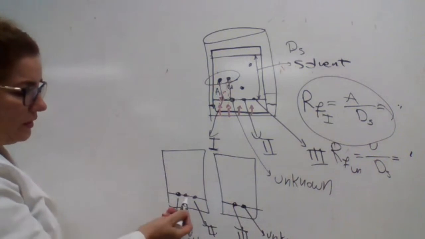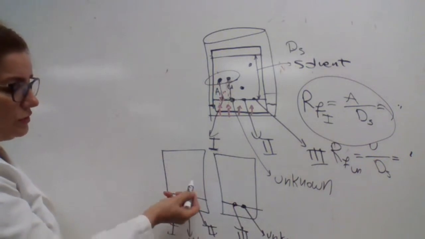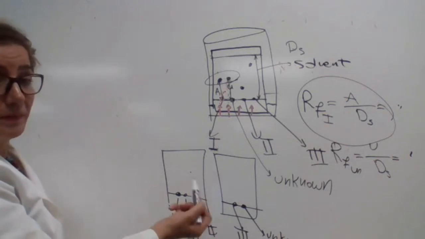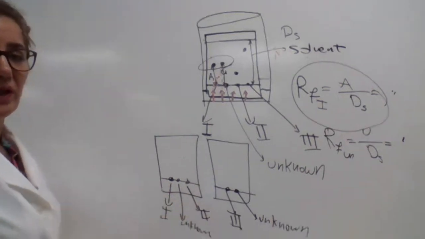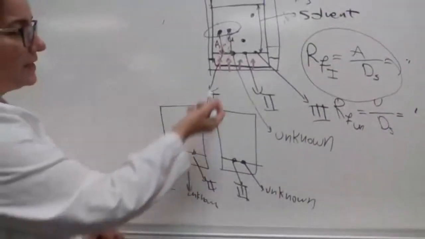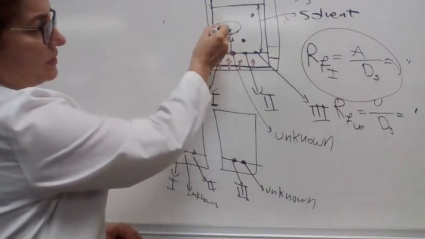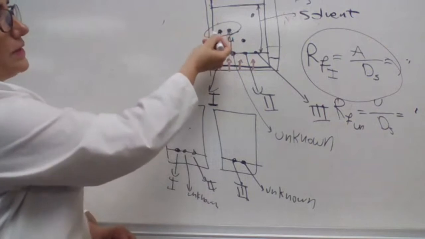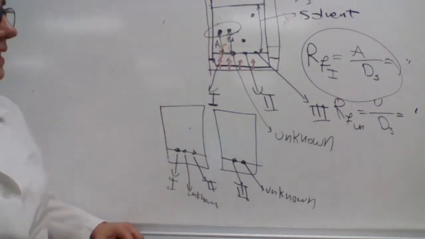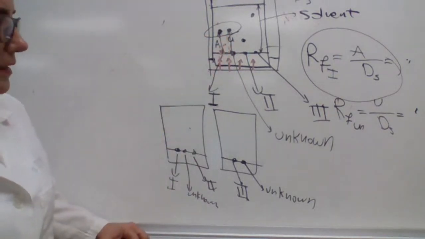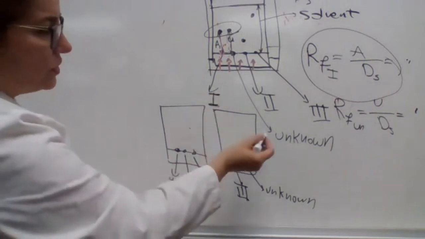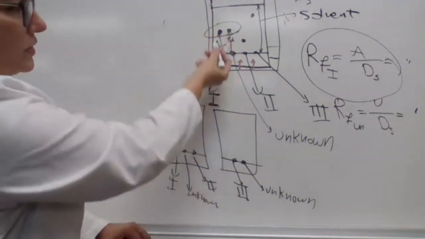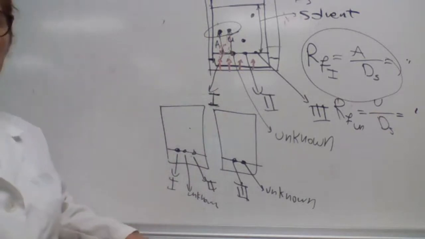So if your unknown travels as your compound 2 travels, then your unknown matches the identity of compound 2. If it moves up the same as compound 1, then it would match the identity of compound 1. So in this case, your unknown would be similar to the known sample 1.